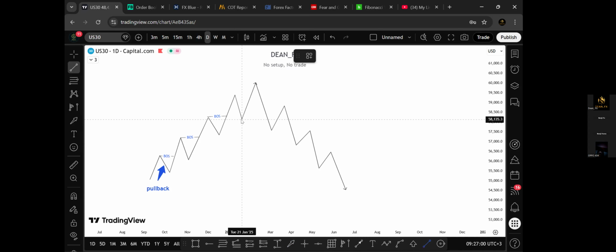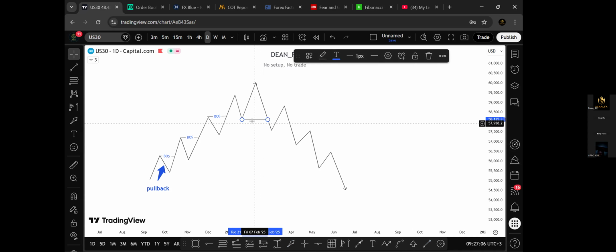The higher low has been broken. So when the higher low has been broken, this will cause the market structure to shift from bullish to bearish. This usually happens all the time in the market.